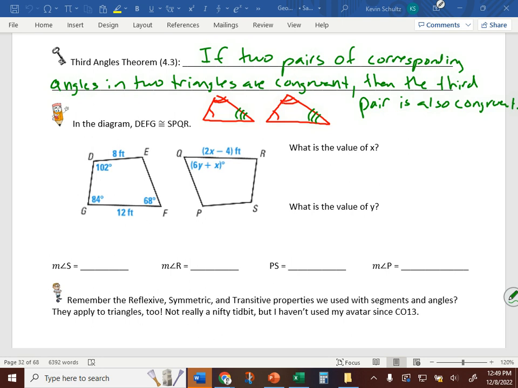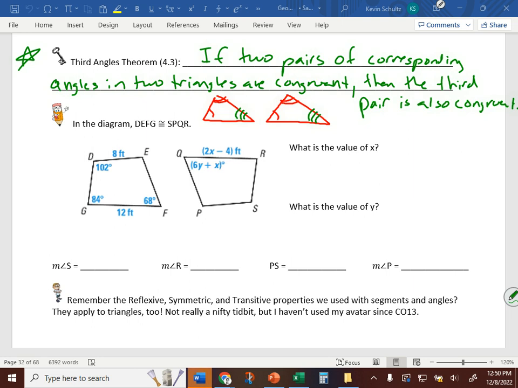If this is 60 and 70, that's 130. There's only 50 degrees left to use in both of the triangles. Only one angle, 50 degrees. They both got to be 50. Okay. This one is actually going to become very useful for us. It basically allows us to only have to prove that two angles are congruent in order to know that the third pair is congruent as well. So that's going to be kind of an important one.